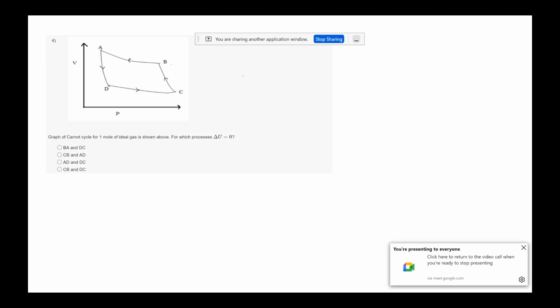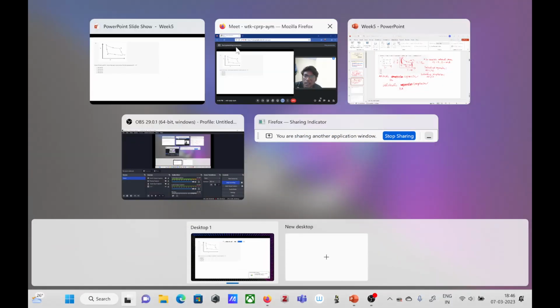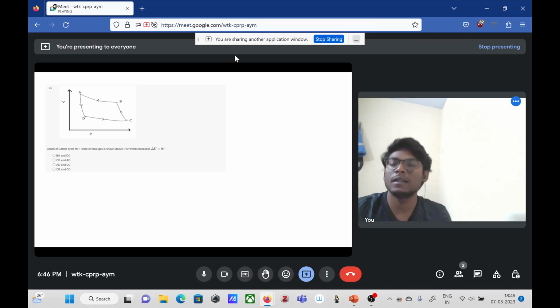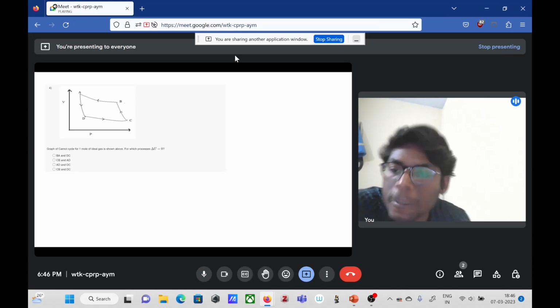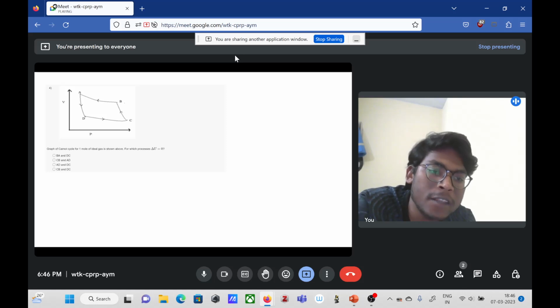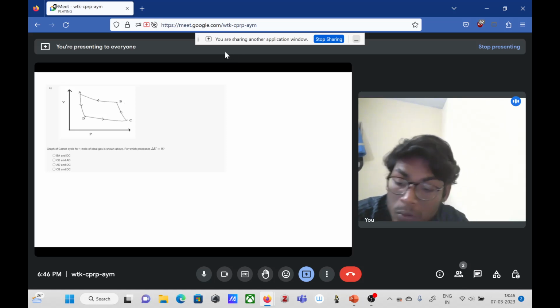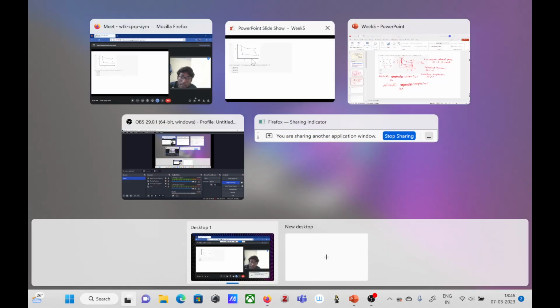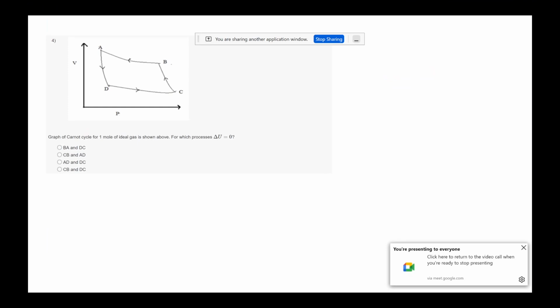Now this problem says that the graph of Carnot cycle for 1 mole of ideal gas is shown above, for which process delta U is equal to 0. So the change in internal energy is 0. Now this is quite important information to know, that it is a Carnot cycle with an ideal gas.